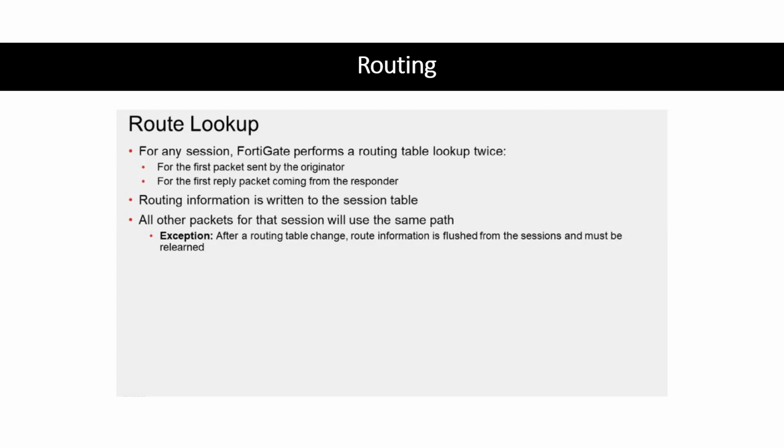Now, when would be a time where, even though the session has started and it does its two lookups, it would do additional lookups beyond the two? Well, if Donovan is working on the firewalls and he says, oh, you know what? Let me go ahead and change the routes in my firewall while it's in production.